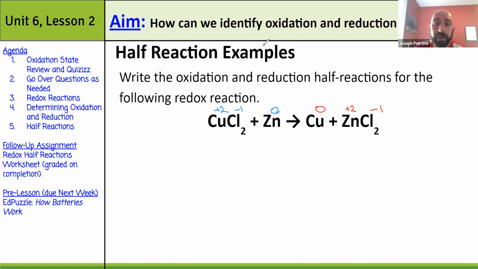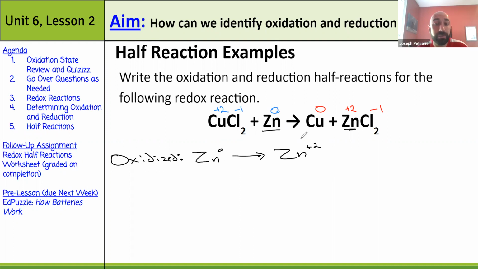So once again, we look at which element is being oxidized and which is being reduced. The element that is being oxidized is the one that is increasing in charge, and that is going to be zinc. It goes from 0 to +2. So our oxidation half reaction starts with Zn, 0, yields Zn +2, and then we add on our electrons.